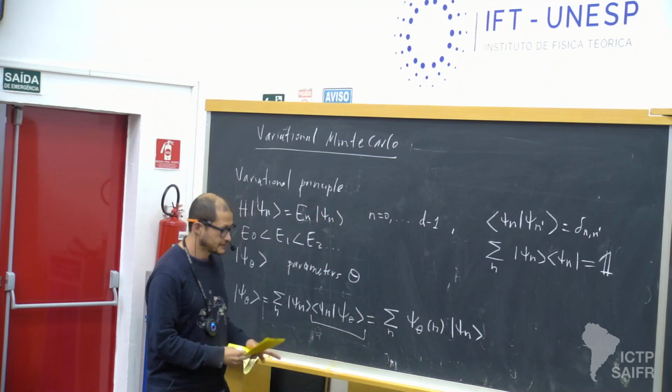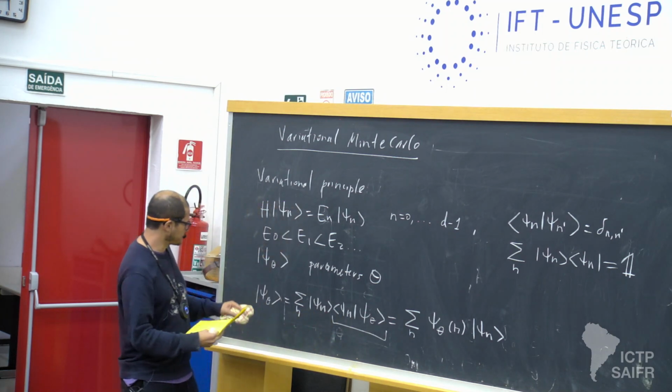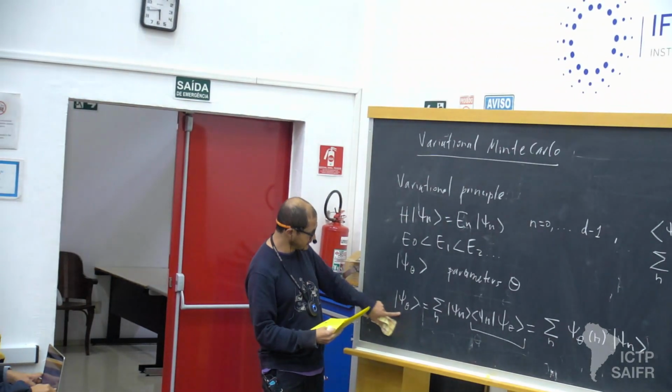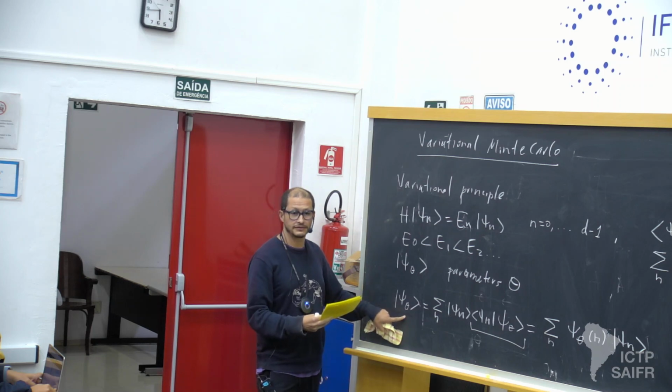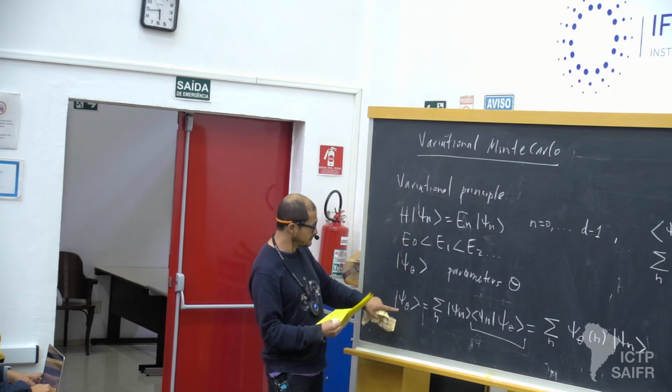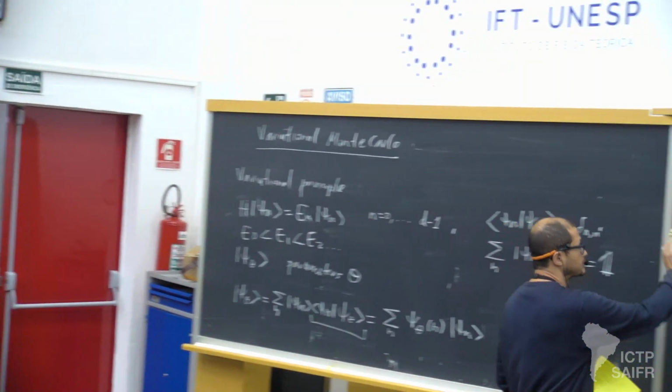Now let's compute the expectation value of the energy on this wave function, the expectation value of the Hamiltonian, and let's see what we can say about it.